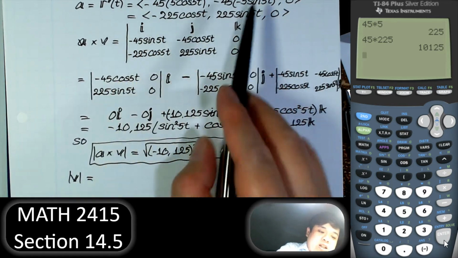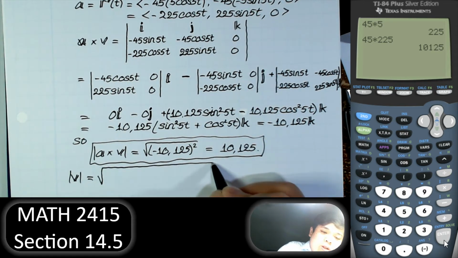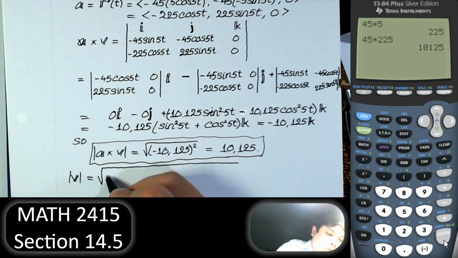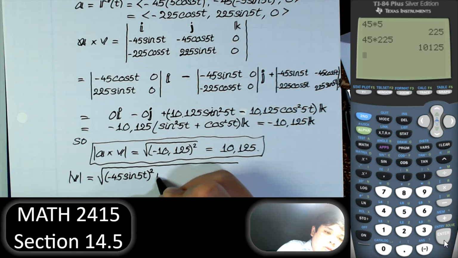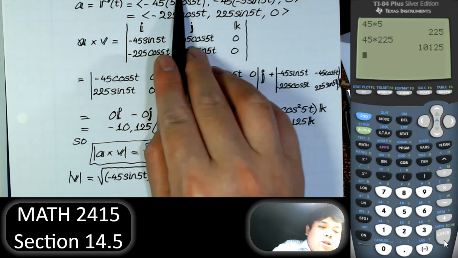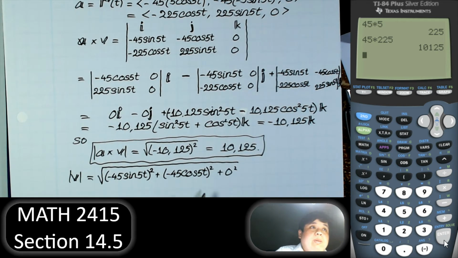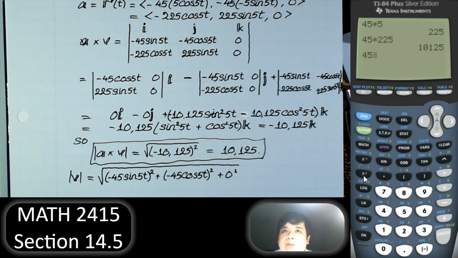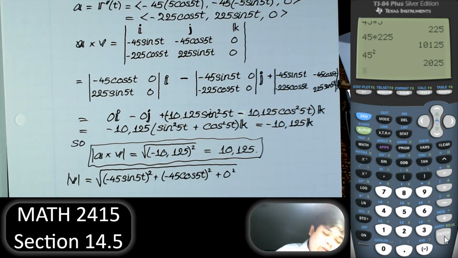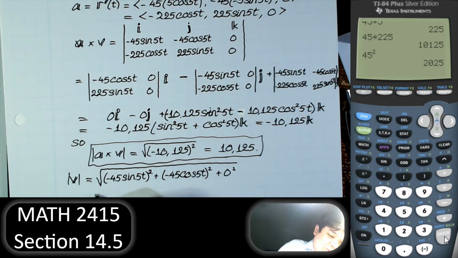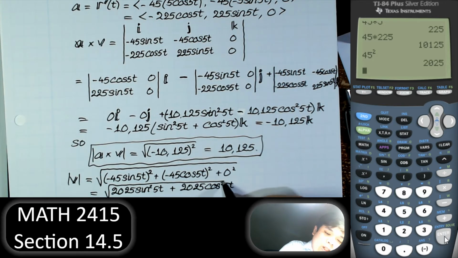Magnitude of V, this is V, so we have the square root of the sum of the squares of the components. 0 square, 45 square, 2025 sine square 5t, 2025 cosine square 5t, and then 0.